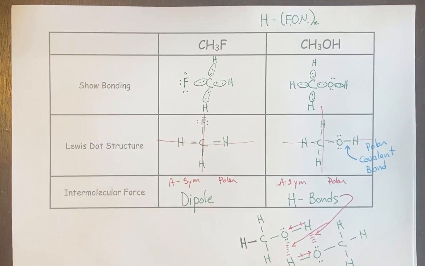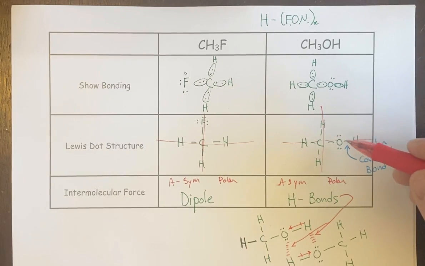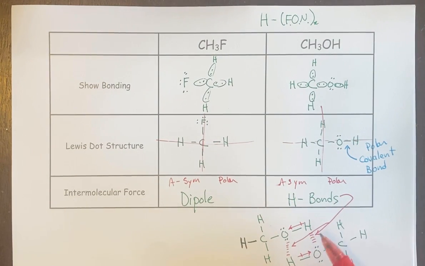That attraction is the hydrogen bond. It's an intermolecular force. This is technically called an intramolecular bond. So this is intramolecular between two different atoms of the same molecule, and this is intermolecular between two different atoms of different molecules, and that attraction is the intermolecular force.